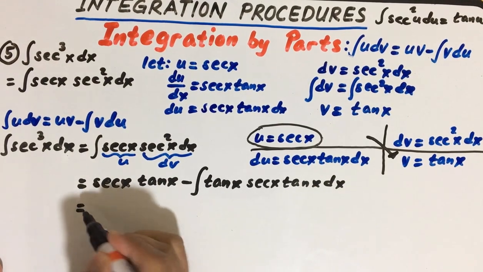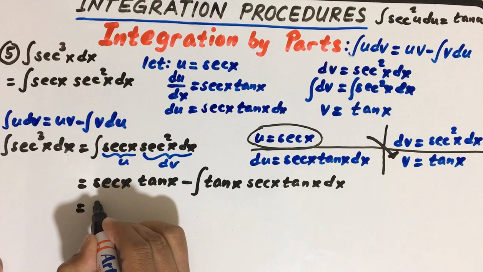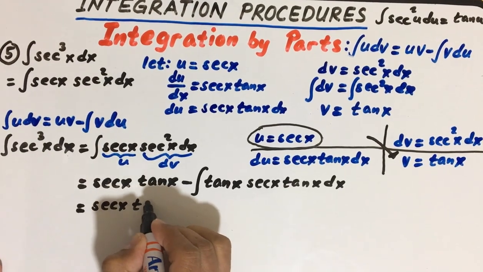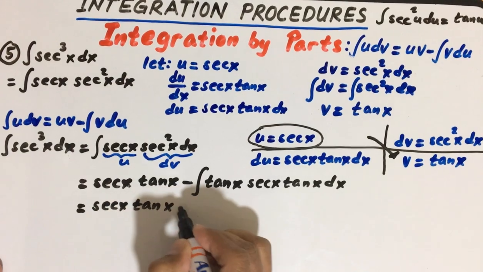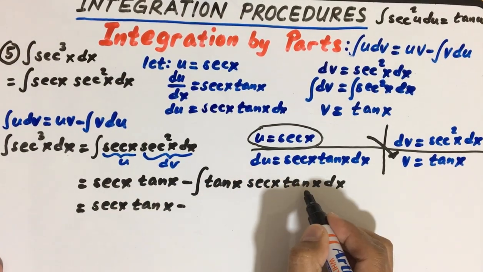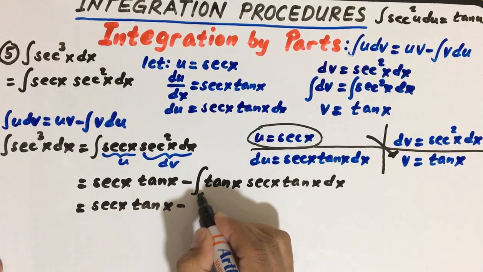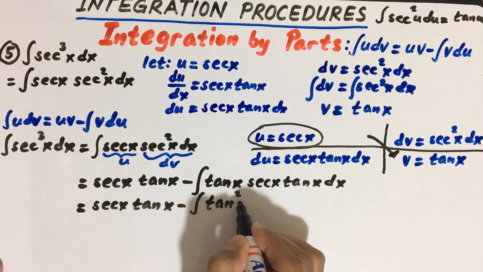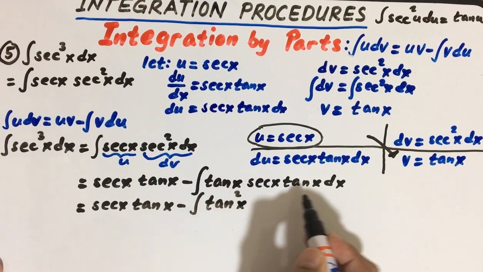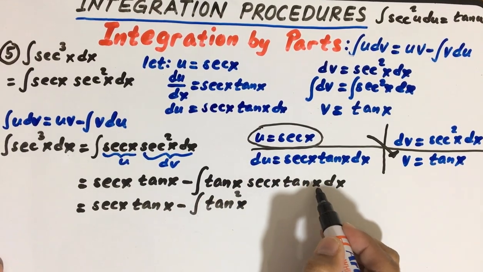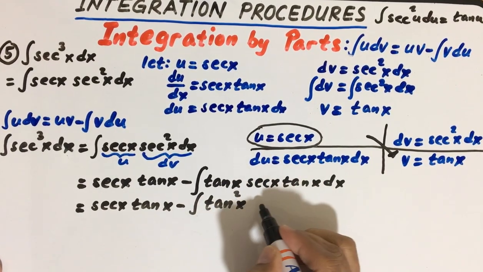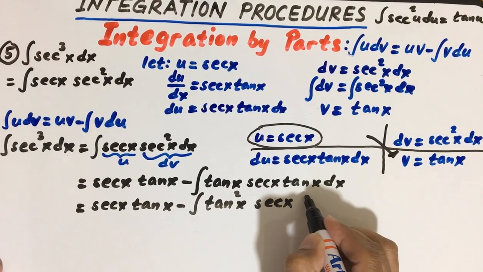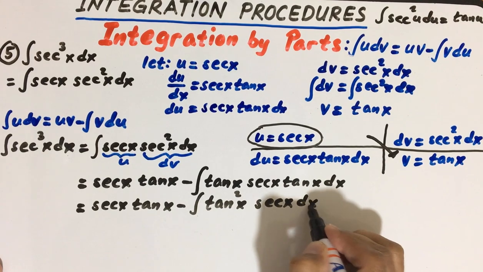Rewriting, we have secant x tangent x minus, we have tangent and tangent, so this will be the integral of tangent squared x, because we have two tangents here. Tangent x times tangent x is tangent squared x, times secant x dx.